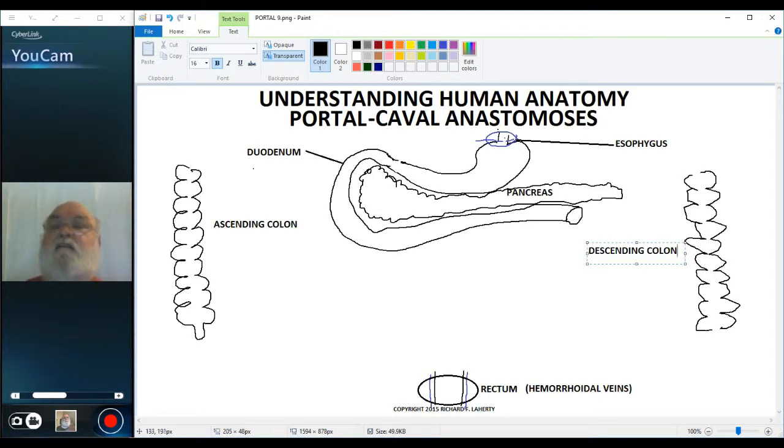Again, body wall arteries supplying both the ascending and descending colon along with the superior and inferior mesenteric arteries.